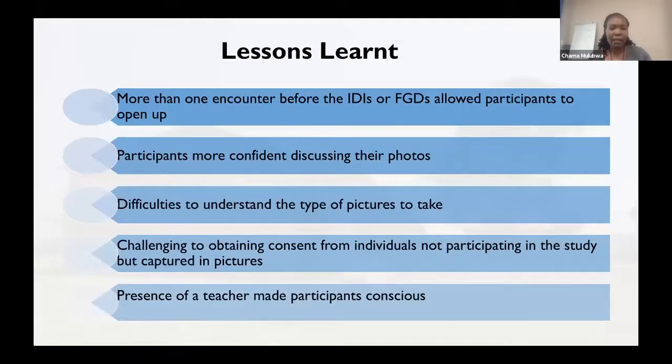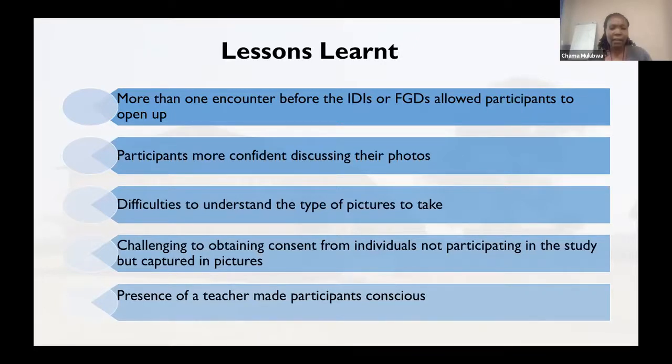They were able to bring up the lessons that they had learned even while participating in the RISE projects that I talked about. We also saw that participants felt more empowered by being given cameras, and they were more confident discussing their photos, and this made our transition easier when we went to discussing anything in the in-depth interviews as well as the focus group discussions.